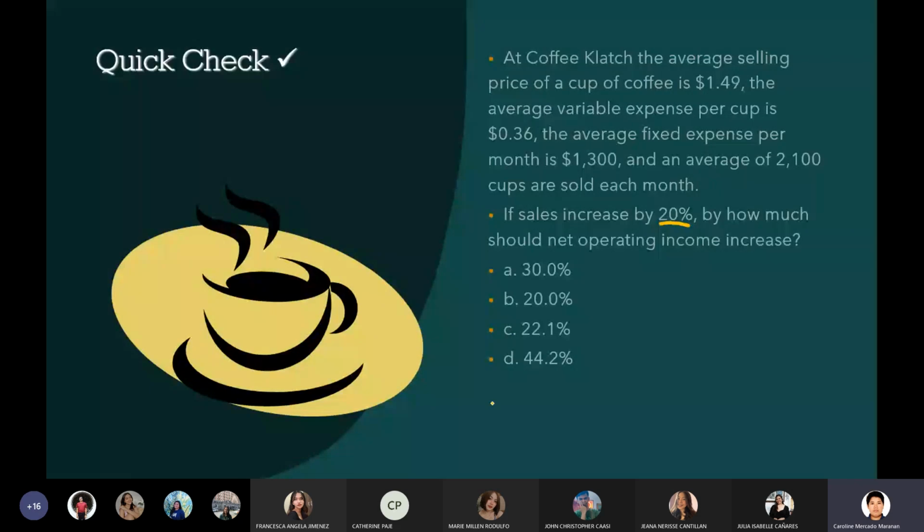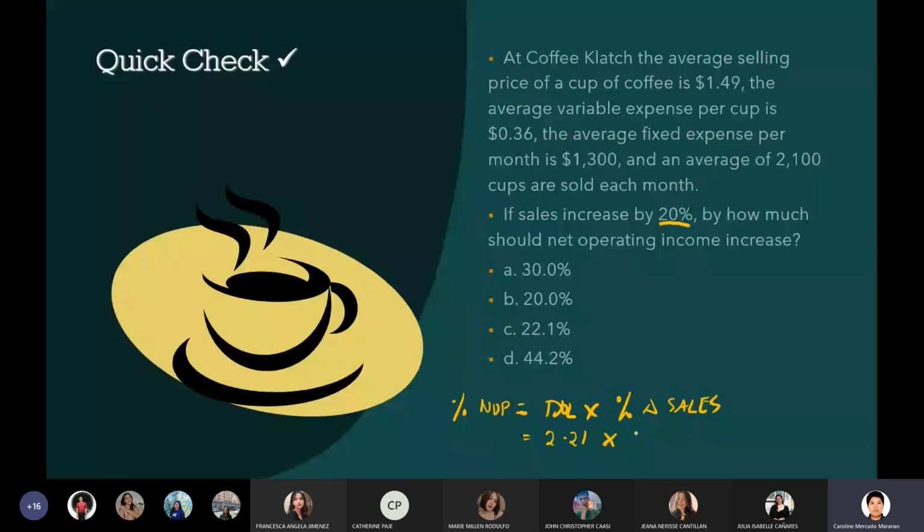Percentage of increase in NOP equals DOL times percentage of change in sales. In this problem, we have a DOL of 2.21 times. The percentage of increase in sales is 20%. So, how much should your net income increase?